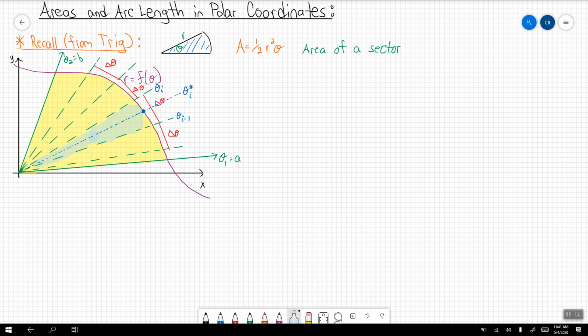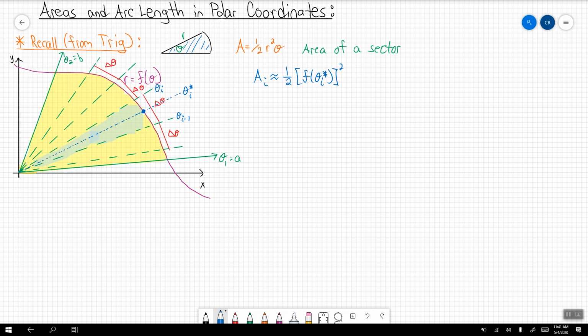If we're trying to calculate the area of that sector, the area of the sector that contains that sample point is just going to be the formula 1/2 times the radius squared, but the radius is that function evaluated at the sample point that we have chosen.